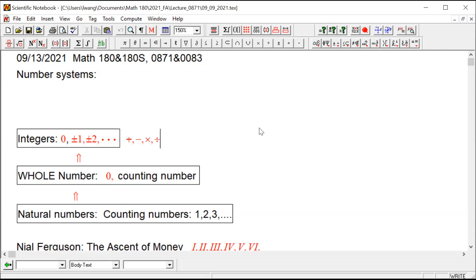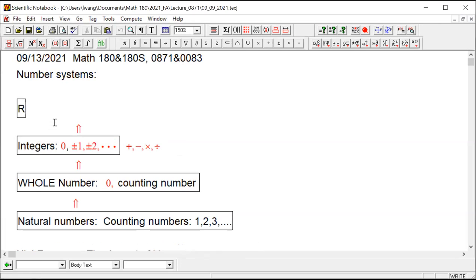This new category of numbers, we call rational numbers. How is a rational number defined?